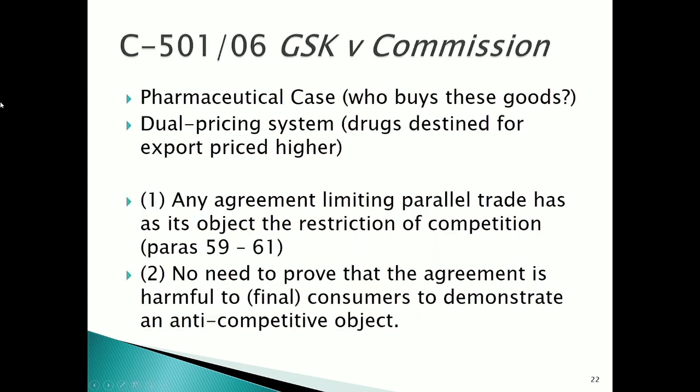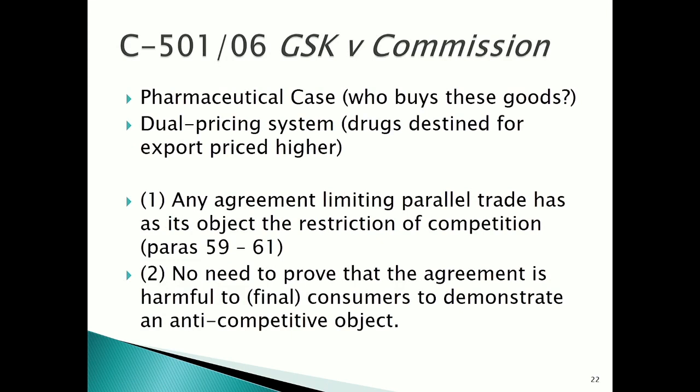And this is again seen in the GlaxoSmithKline case more recently, which is a pharmaceutical case in which the drug manufacturer GlaxoSmithKline, in an attempt to prevent parallel trade, that is the importation or the exportation and re-importation of goods, attempted to impose a dual price system.